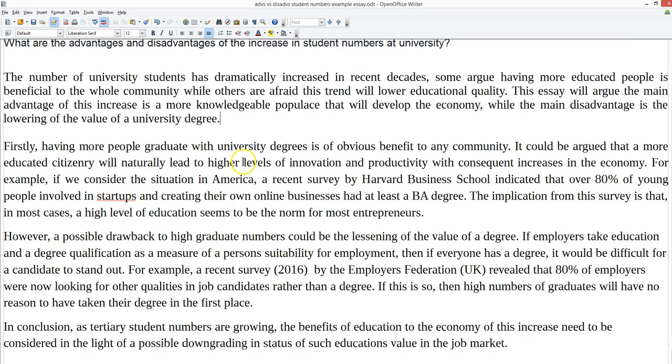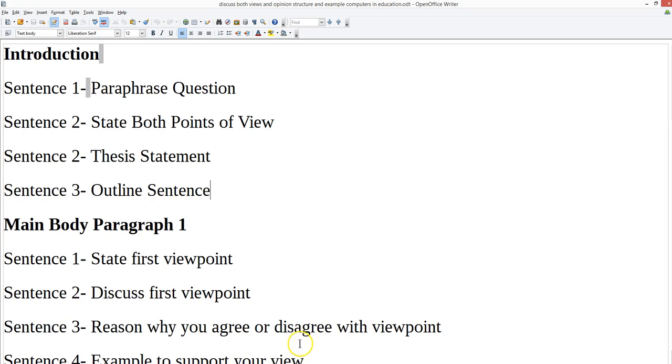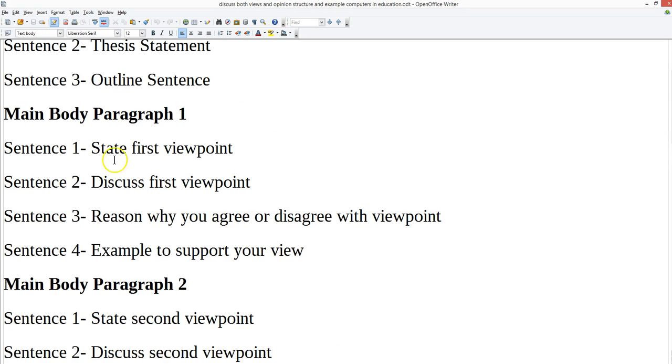Okay, so just show you the structure. So again, where are we? So paragraph 1, 2. You state your first view, explain it, why do you agree, and an example. Same for paragraph 2.